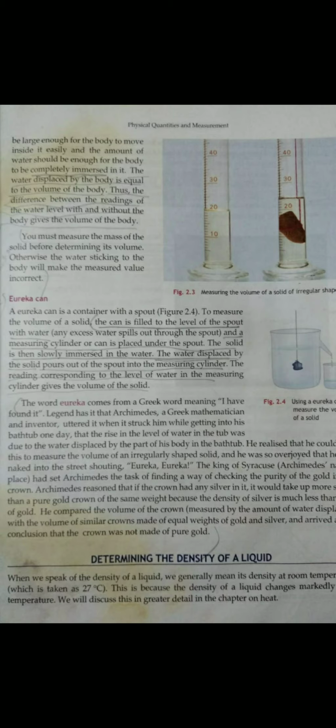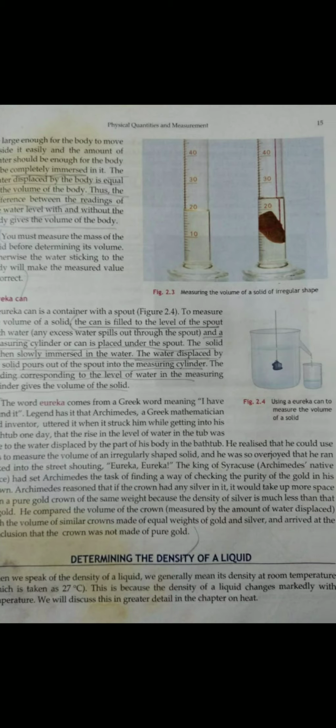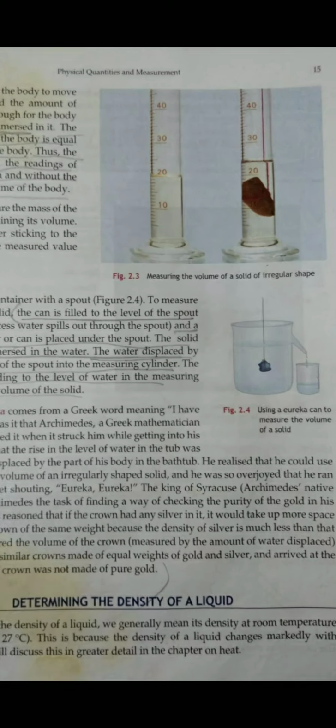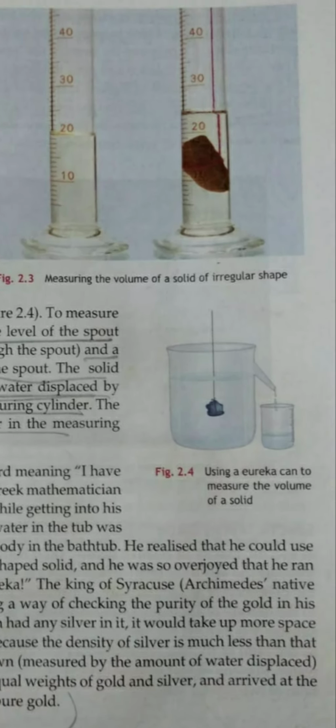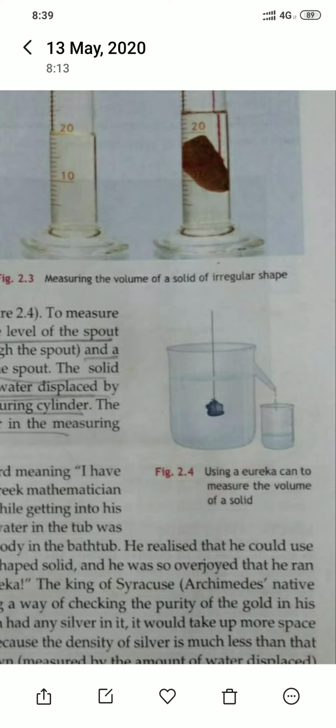Another method to measure the volume of irregular solids is the Eureka can. So what is a Eureka can? It is this can. Can you see the bigger one which is having a spout along with it? You fill the water up to the start of the spout, and when you immerse the solid into it, the water level rises, and the extra water comes out through the spout.